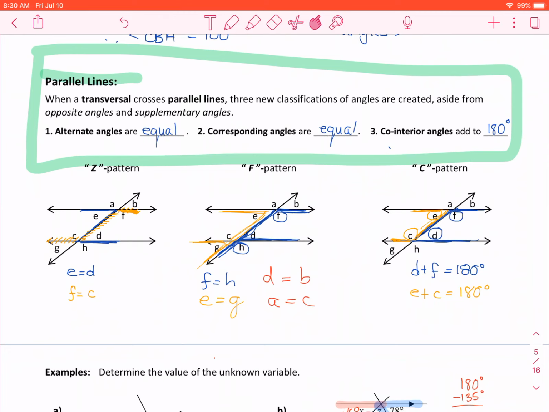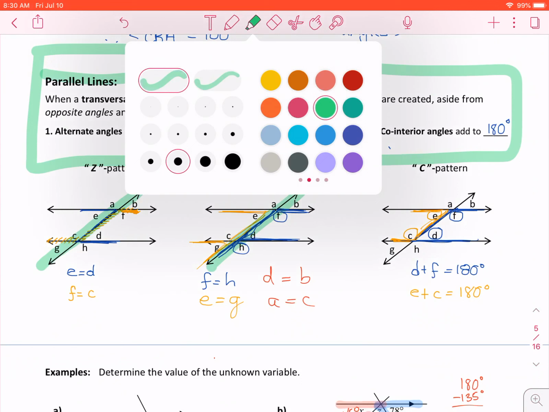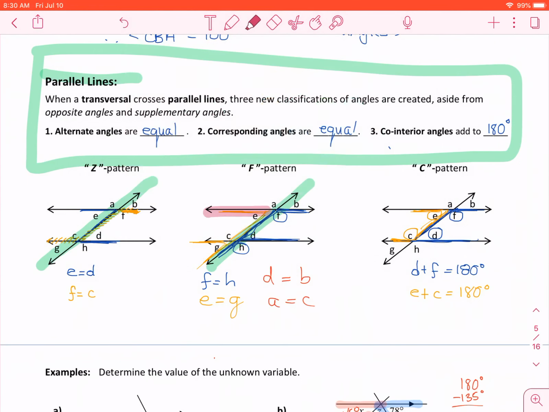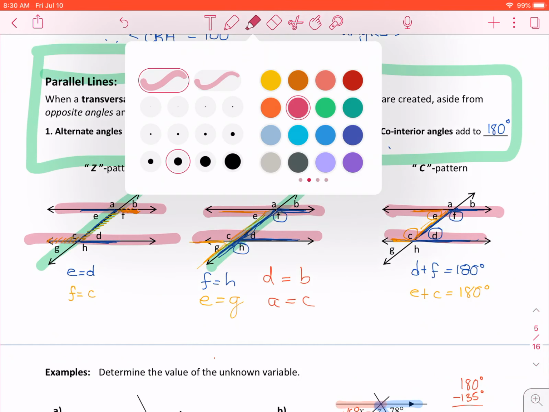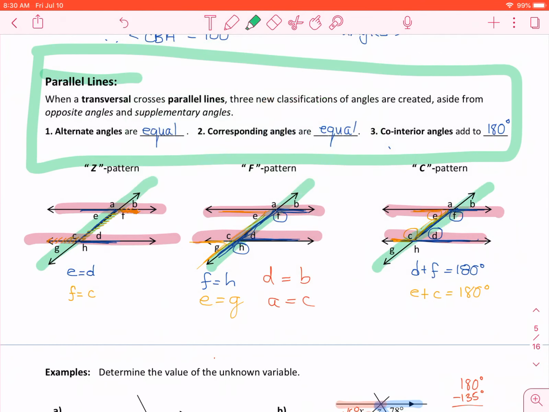So, parallel lines. When a transversal crosses parallel lines, the transversal is the line that goes through the lines that are parallel. I'll highlight our parallel lines in pink. And our transversal is obviously our green line that goes through them. There are 3 classifications of angles that are created aside from opposite angle and supplementary.